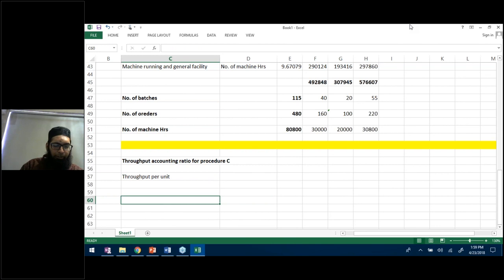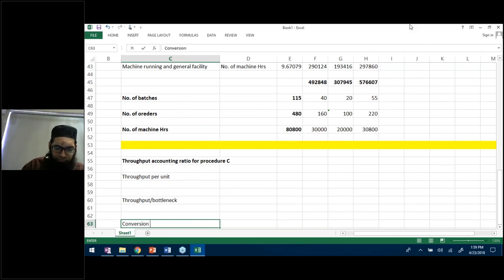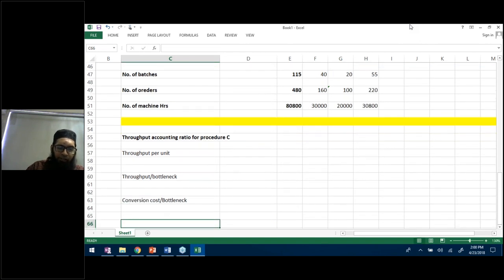We will also be requiring the throughput per bottleneck. Then we will be calculating the conversion cost, which is also known as the factory cost, by the way, conversion cost per bottleneck. And then we can finally calculate the throughput accounting ratio, right?